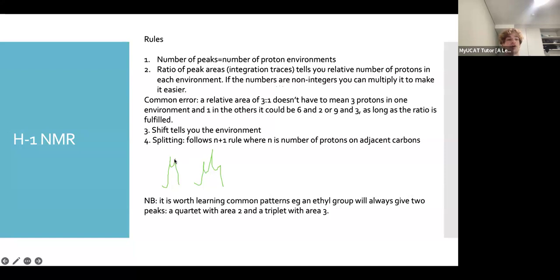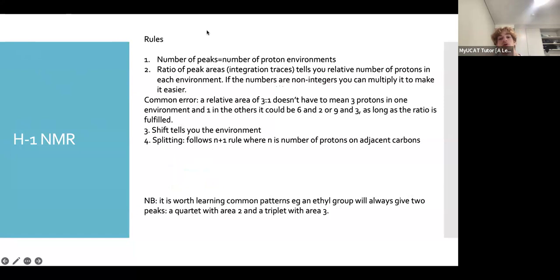If you have a quartet peak, where you have four mountains in it, then that means you have three protons on adjacent carbons. As I say at the bottom here, when you're doing practice for these questions, it's quite worth learning a couple of examples of common themes that they like to ask in exams.